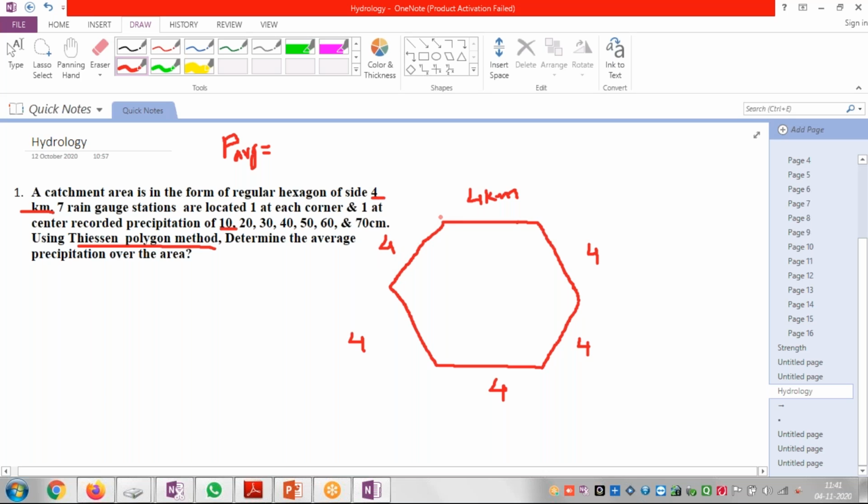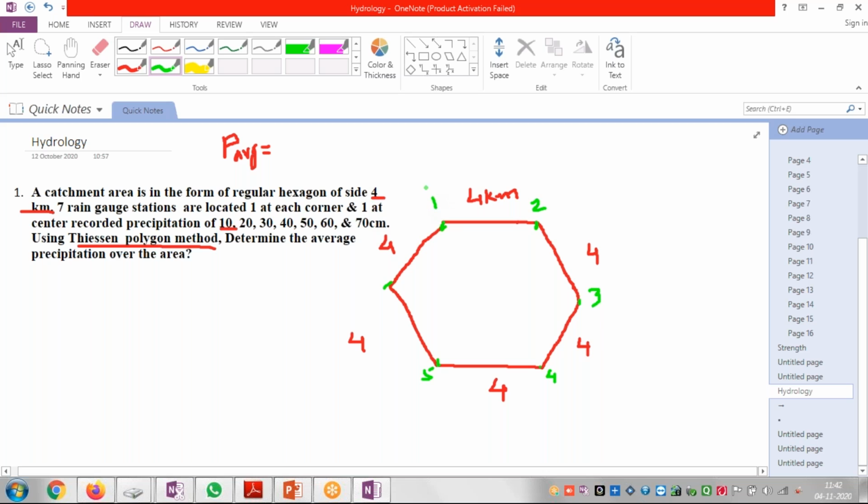And at each corner there is a station. This is one station, this is another, this is the third one, this is the fourth, fifth, right? And this one is the sixth one. I will just name the rain gauge stations 1, 2, 3, 4, and 5, right? And each rain gauge station's rainfall is given.